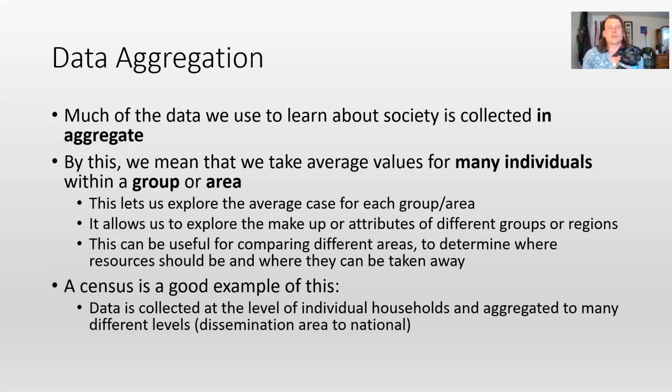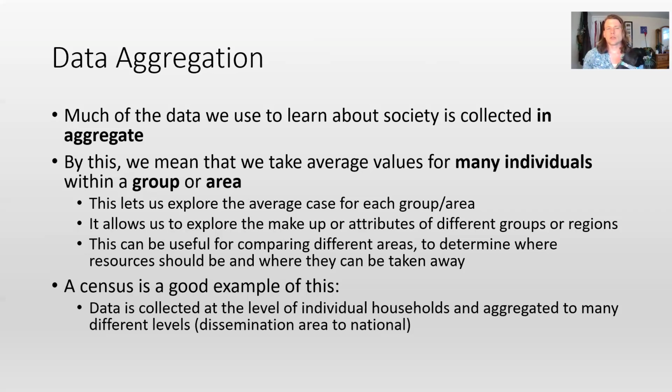And so related to that, we have data aggregation, which is an important thing to do. It's a useful tool, but at the same time, it can cause problems. So much of the data that we use to learn about society is collected in aggregate. And what I mean by this is we take an average value from many individuals within a group or an area. This lets us explore the average case for a group or an area.